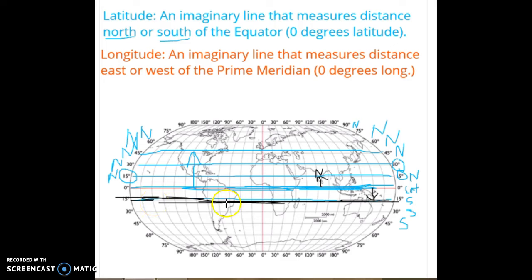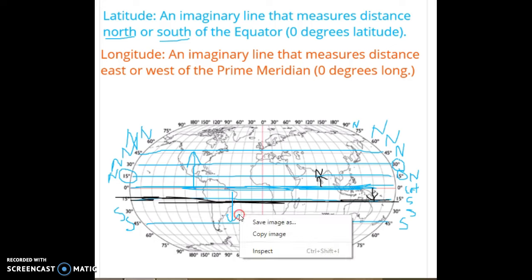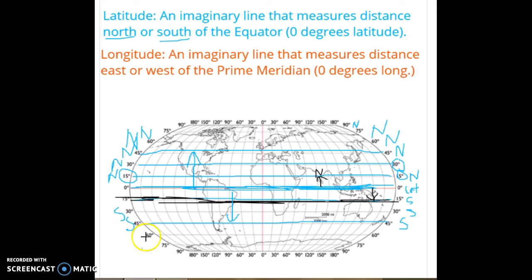So if I told you I am 45 degrees south of the equator, that means that I am somewhere along this line. Because this is a latitude line, and I'm south of the equator by 45 degrees. I've gone south. So these are all south.